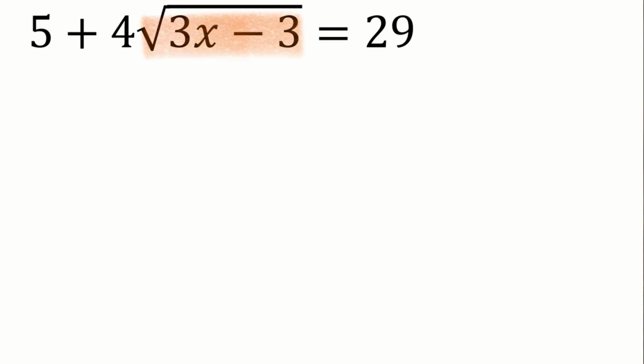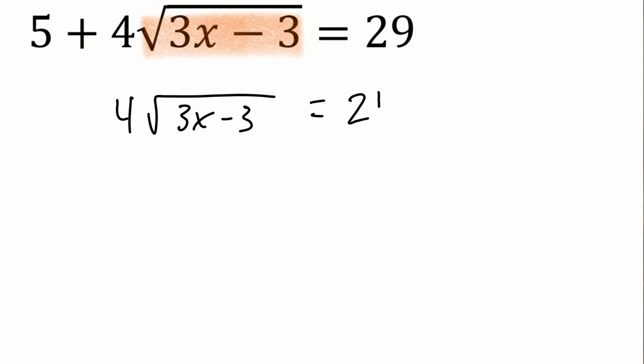So when I look at this, there's a couple of operations that I want to undo. If I want to get this expression, the square root of 3x minus 3, alone, the first thing I might do is subtract 5 from both sides. So this is going to become 4 times the square root of 3x minus 3 is equal to, let's see, when I subtract 5 from the right-hand side, I end up getting the number 24.